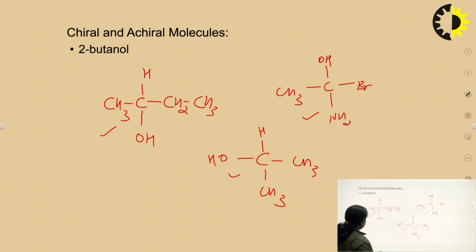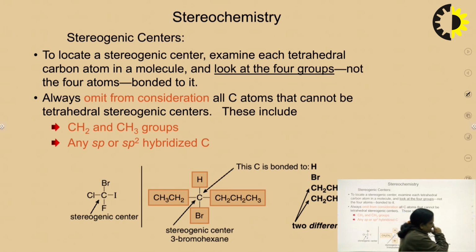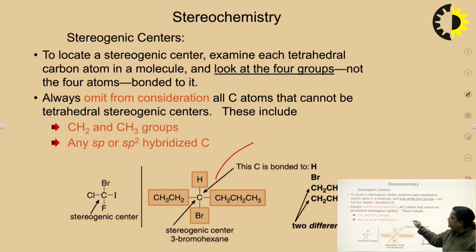Now for chiral center, the next thing is, what is the stereogenic center and what is the condition to be a stereogenic center? The first condition is there must be 4 different groups, and the second condition is the carbon, or the atom, should be sp3 hybridized. If it is not sp3 hybridized, it will not show a stereogenic center.